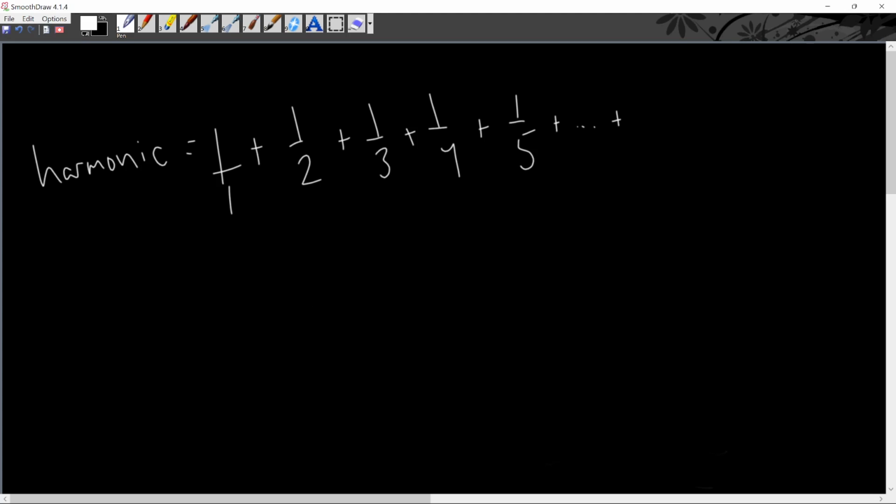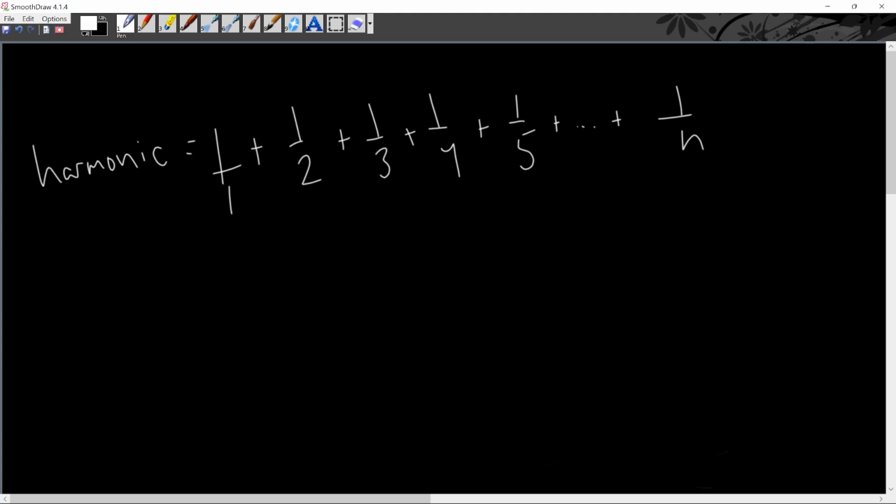The general term is 1 over n, right? As you are increasing the n value, the denominator is incrementing by 1, and this series is divergent. We'll try and prove this in a second, but just take me at my word on this one. This one does diverge, and the fact that it does diverge is actually really helpful for proving other series diverge or converge.